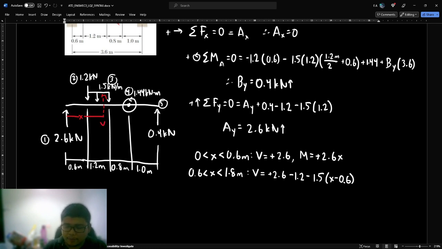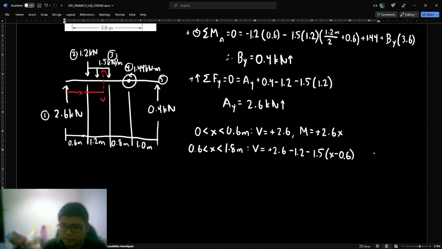We could further simplify this equation so that this would become 1.4 minus 1.5 times x minus 0.6. To simplify that even further, to get our final answer, this is going to be 2.3 minus 1.5x.